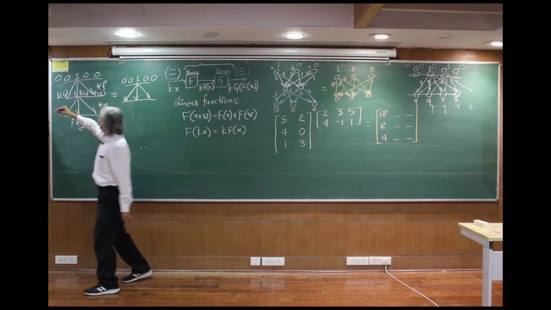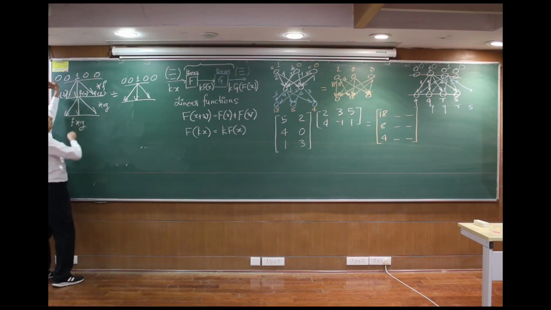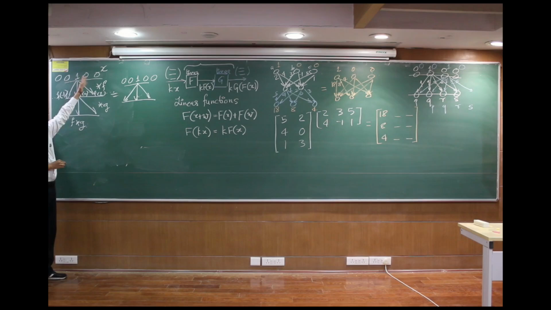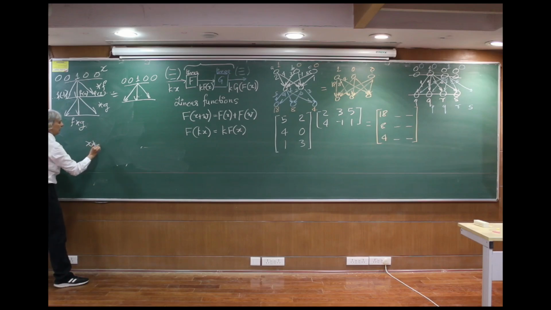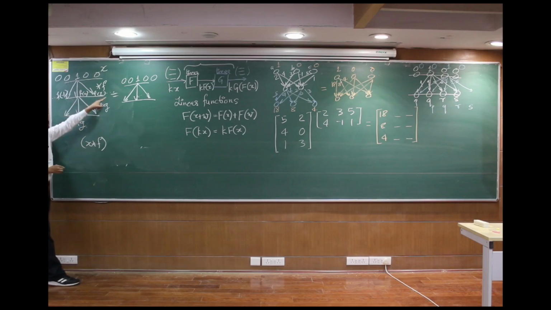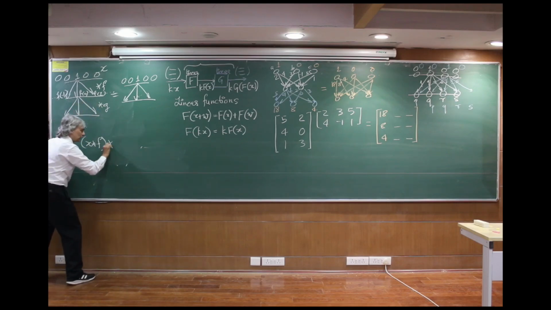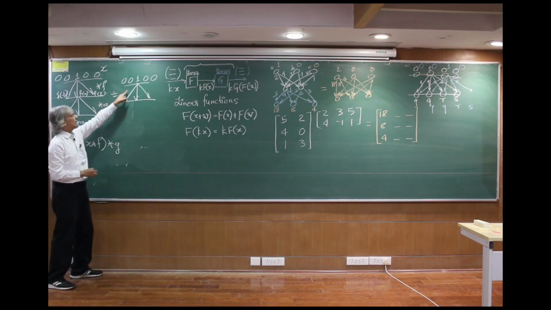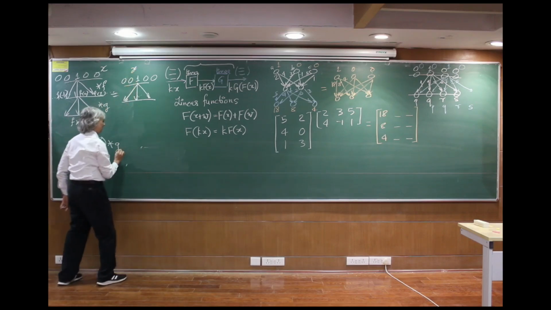Okay. Now, if some signal x went in, not necessarily an impulse signal, what will come out here? It will be x star f, right? That's our notation. And if x star f went in, what will come out here? That convolved by the rule g, right? But the same thing has to happen if I put in x here.